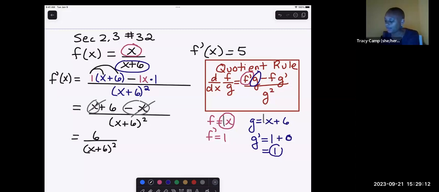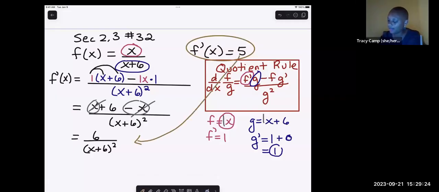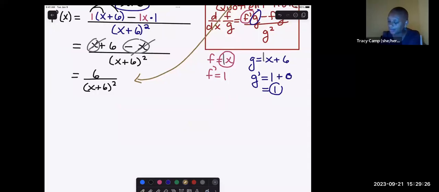I'm being asked to find out when this expression is equal to 5, so now I'm going to set it equal to 5. I have 6 over x plus 6 quantity squared, and I want to find out when this is 5.